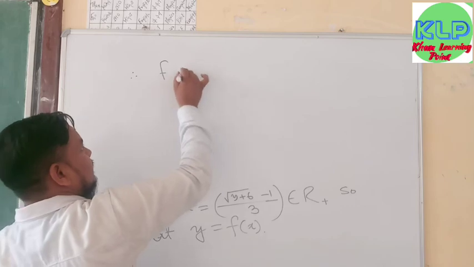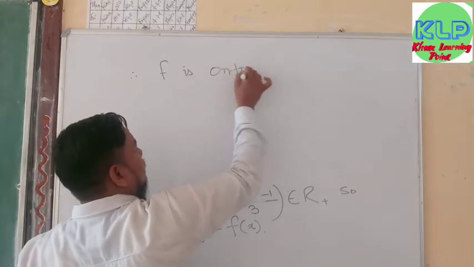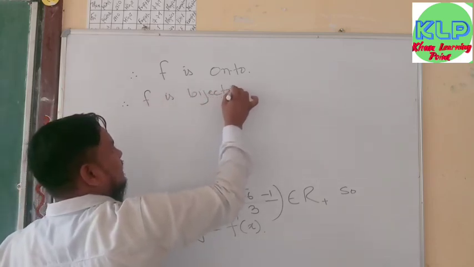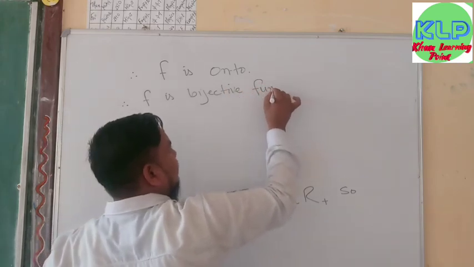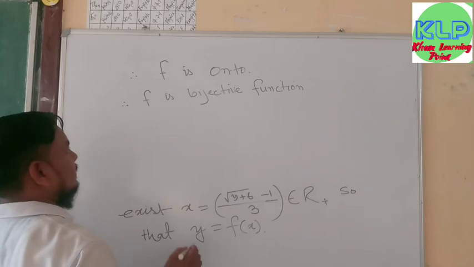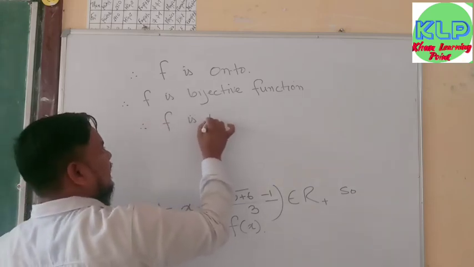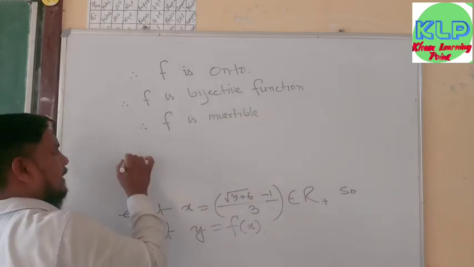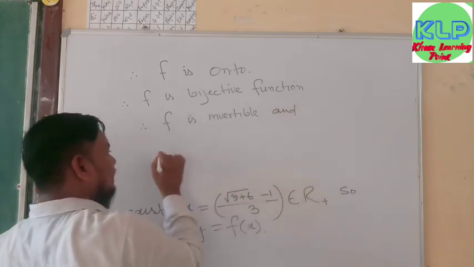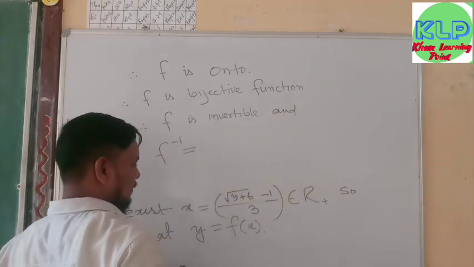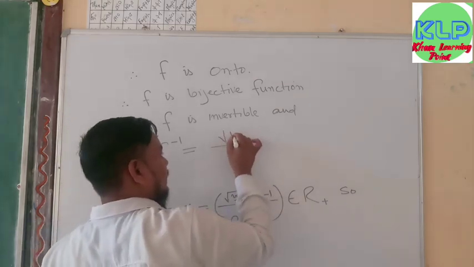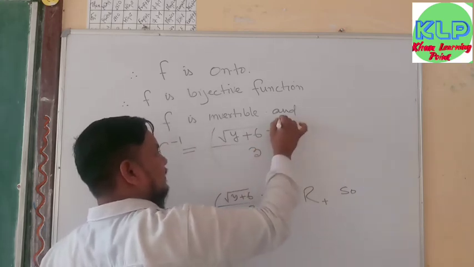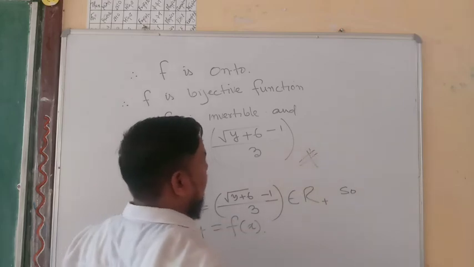Therefore f is onto, hence f is a bijective function, and therefore f is invertible, and f inverse is equal to the value of x, that is root over y plus 6 minus 1 divided by 3. This is the answer. Proved.